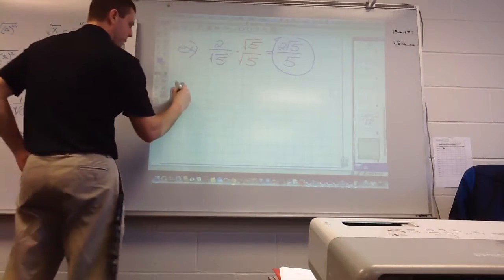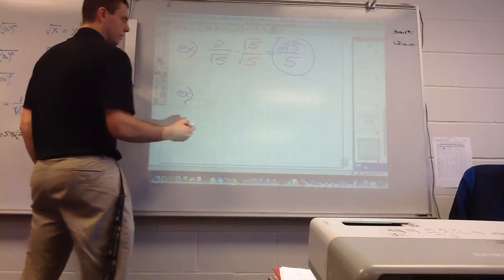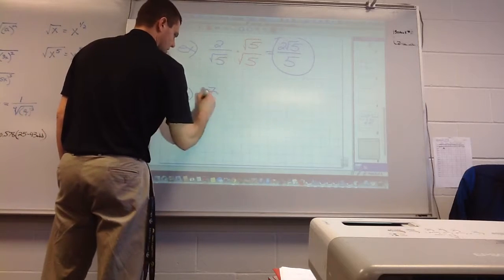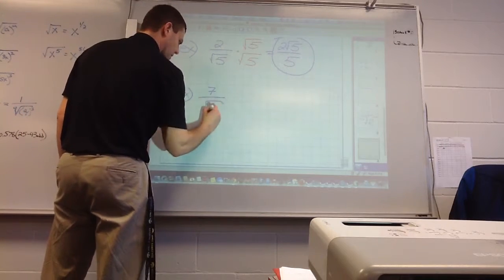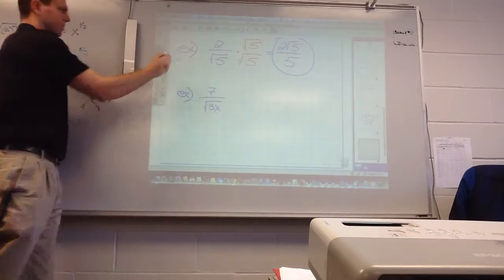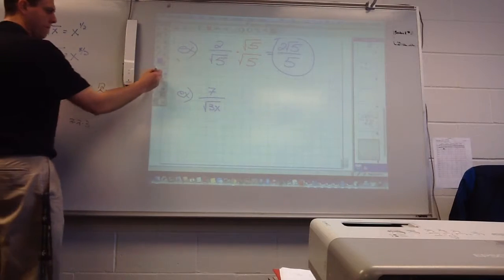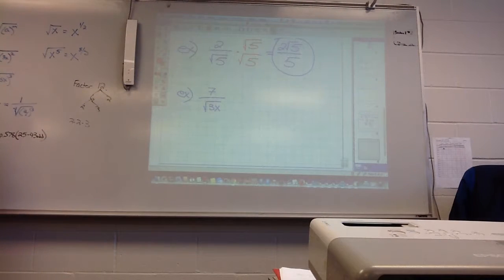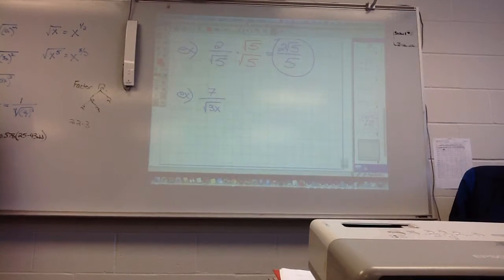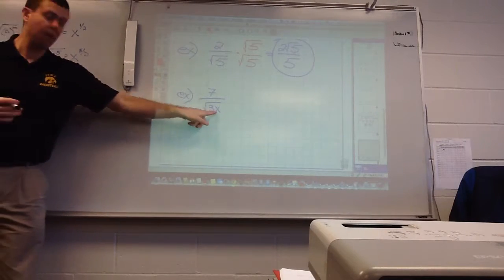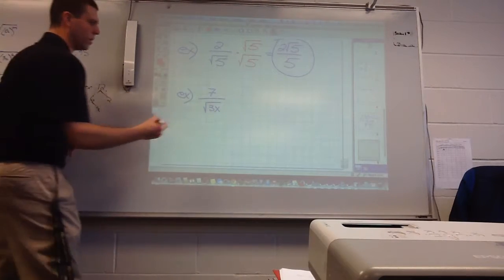I'll throw a variable in on division here. 7 divided by the square root of 3x. Doesn't change anything. Our process is still going to be the same. Chris, what do you think we're going to do first? We're going to times it by radical 3. Yep, square root of 3x. Yep, multiply the top and the bottom by the square root of 3x.